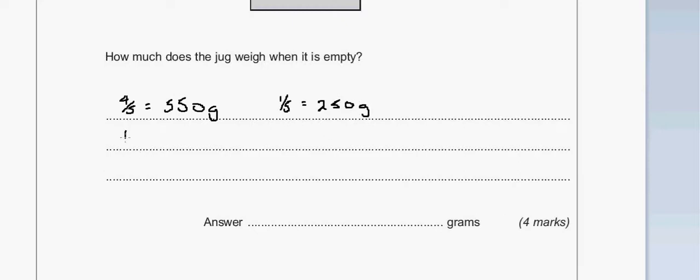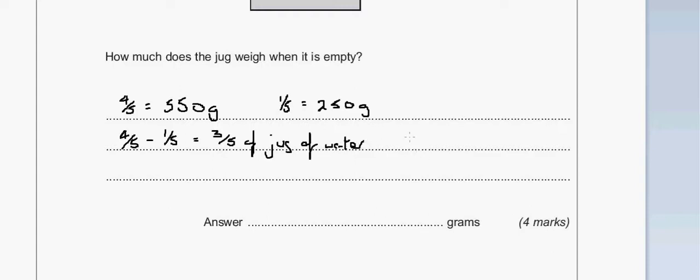So from the 4/5, if I subtract 1/5, this will give me 3/5 of the jug of water.